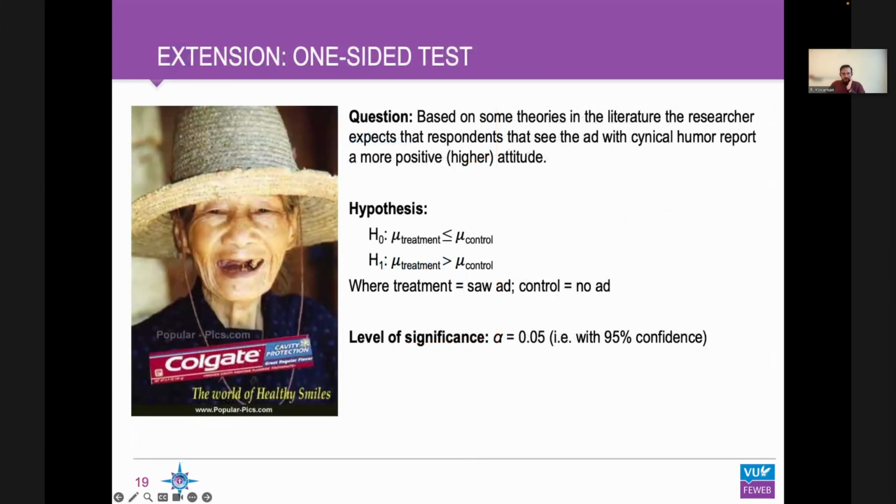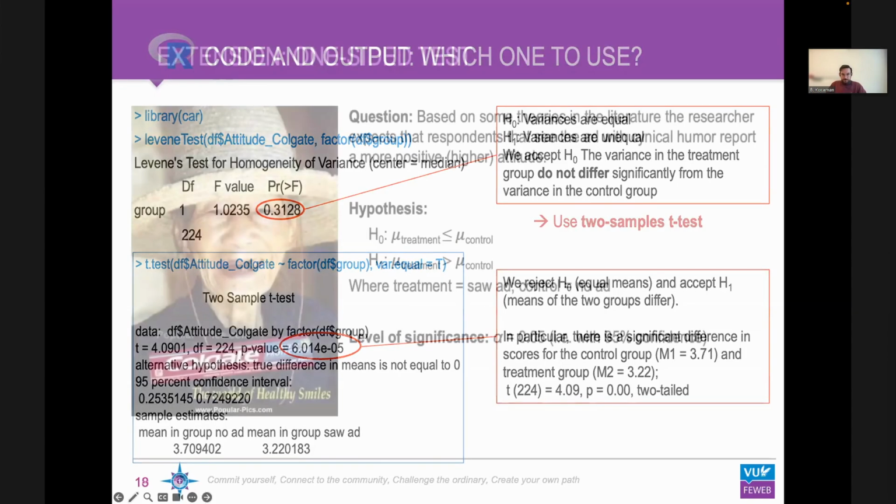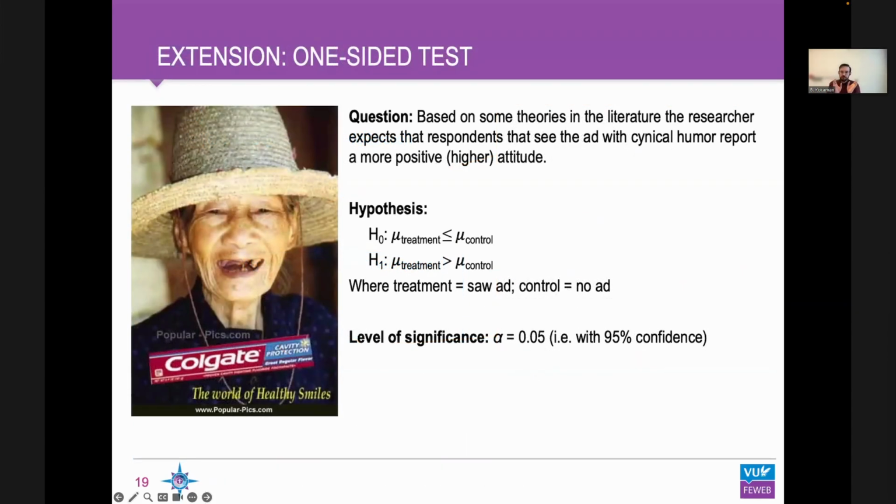Okay, I now want to show you this one-sided t-test. We will do the same two samples t-test, so don't confuse them with each other. We are talking about independent samples or two samples t-test, but our hypotheses can be one-sided or two-sided.